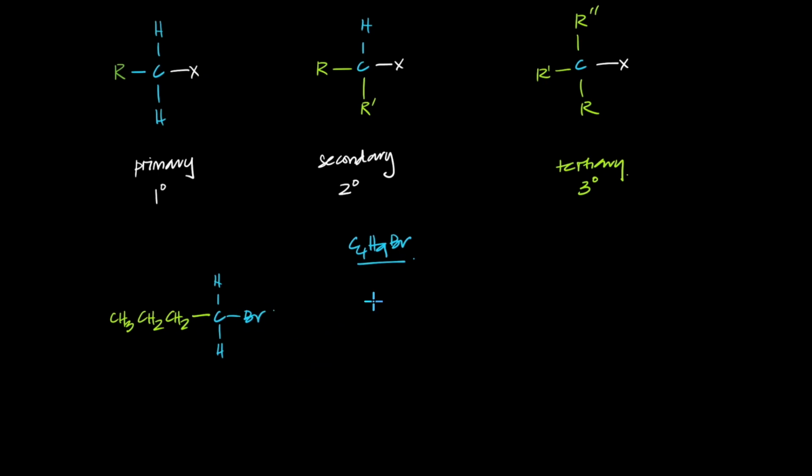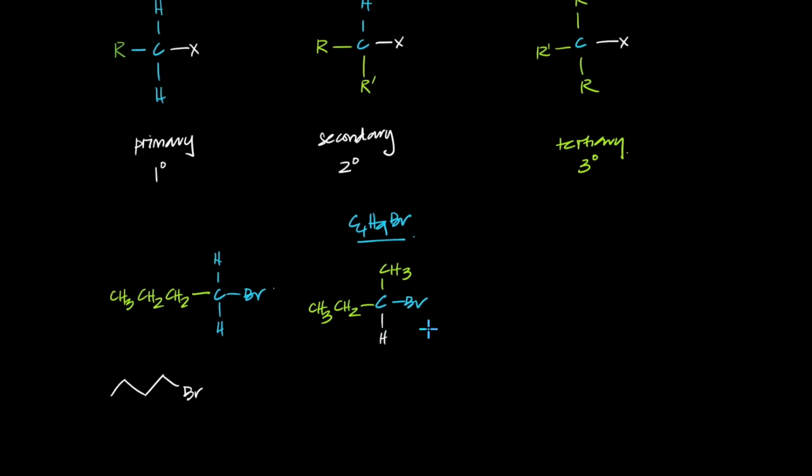This is primary. If I draw this out as a skeletal, it becomes 1, 2, 3, 4, and then the Br. Secondary would have a carbon with Br, and maybe a CH2CH3 this way and a CH3 that way, and an H. So the two green ones make it a secondary halogenoalkane.